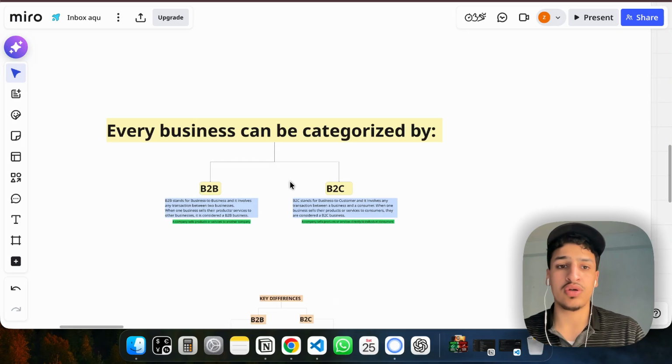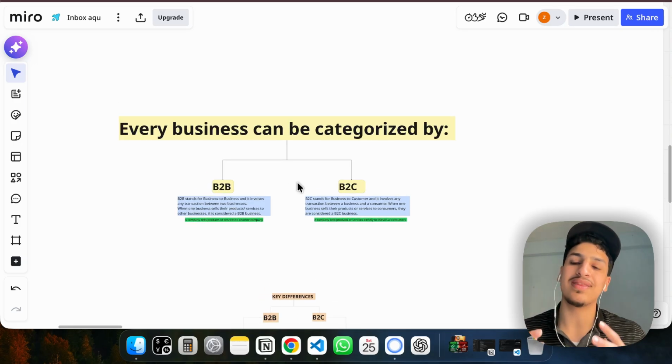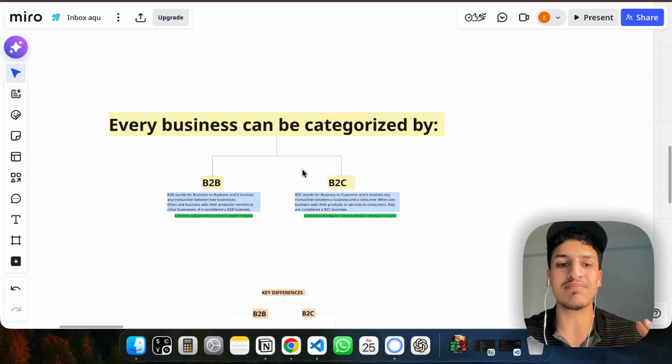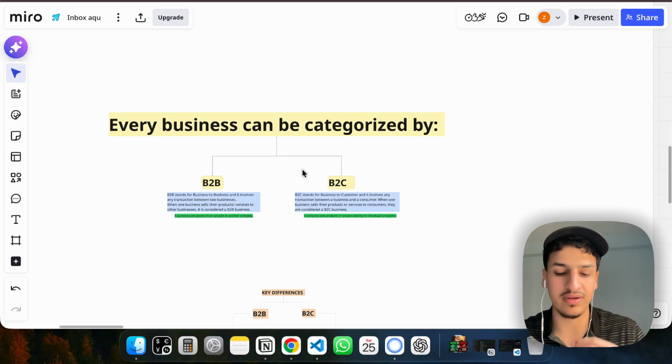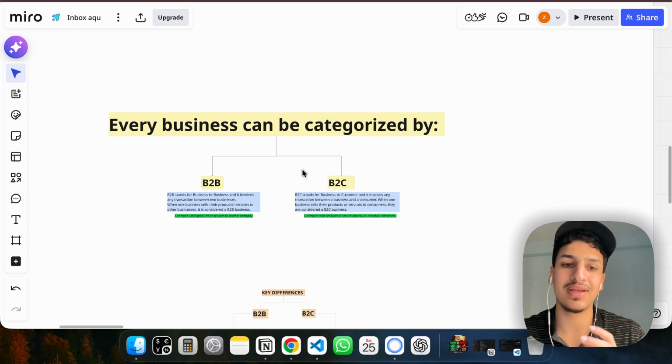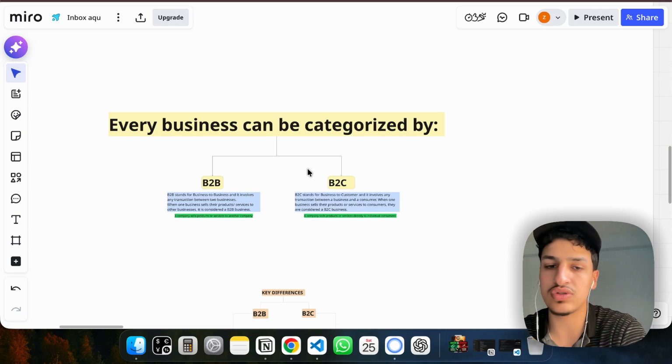Every business in this world can be categorized as either B2B or B2C.